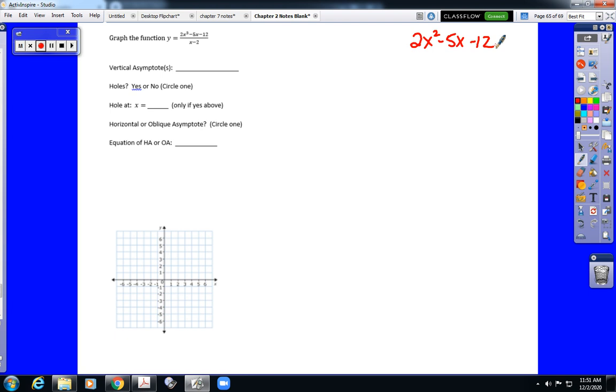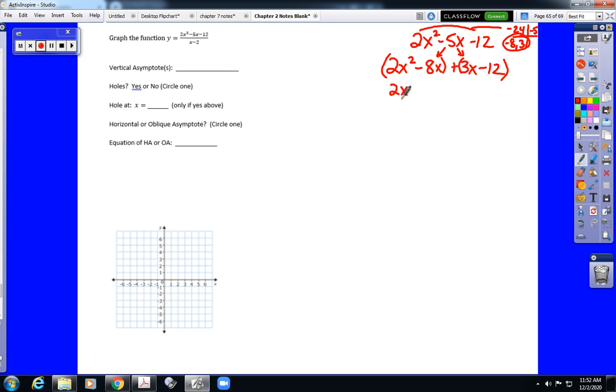We should remember our advanced factoring, which says we're looking for numbers that multiply to negative 24 and add to negative 5. Well, that would be negative 8, positive 3, which means I'm going to be breaking that middle term up into a negative 8x and a positive 3x, which would then give me factor by grouping.